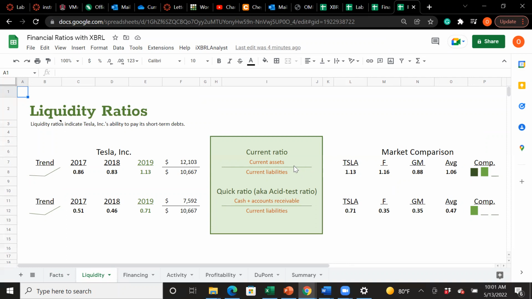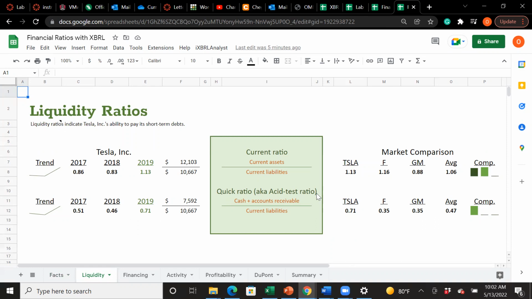For the current ratio, it basically says that Tesla and Ford are both pretty liquid. So if worst comes to worst and Tesla finds itself in a tough position, they could sell their assets and be able to cover their short-term liabilities. That's what these two show.